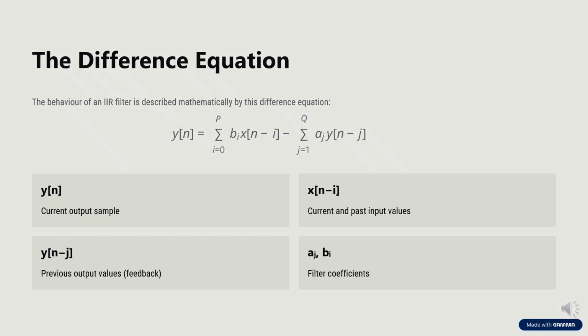So x[n] is the current input, x[n minus 1] is the previous one, x[n minus 2] is the one before that. So it takes into consideration all the previous input values. The b_i term is the gain. In the equation that you get in the z domain, the numerator will be the gain of the filter, which is simply a multiplier.